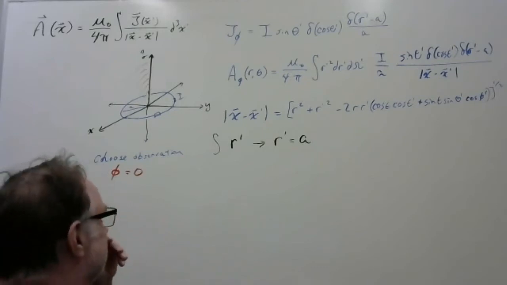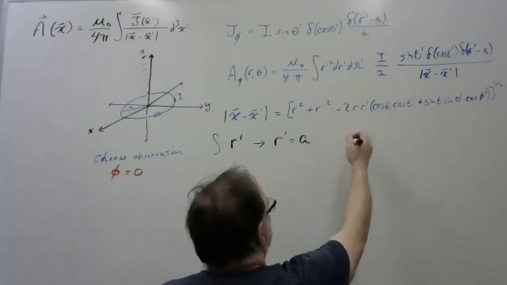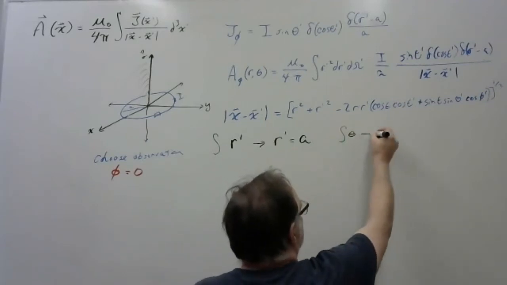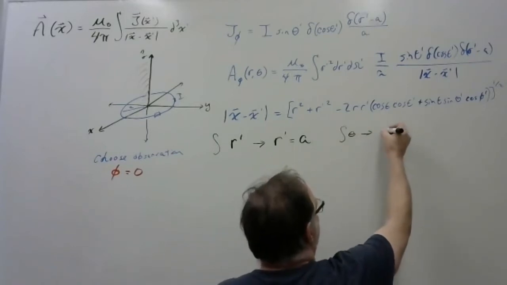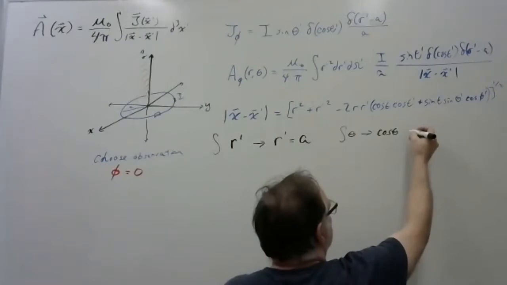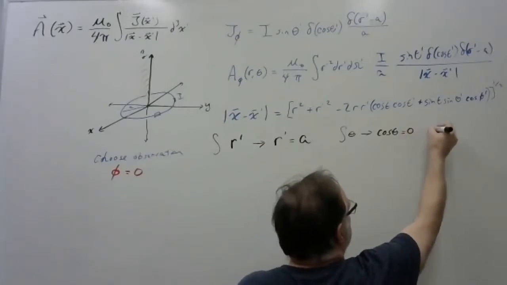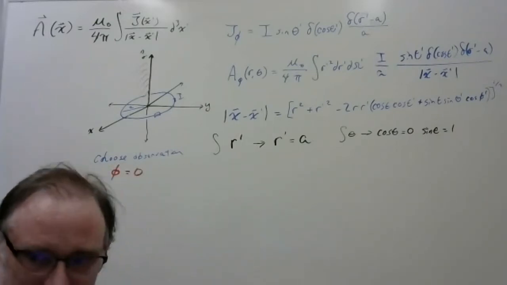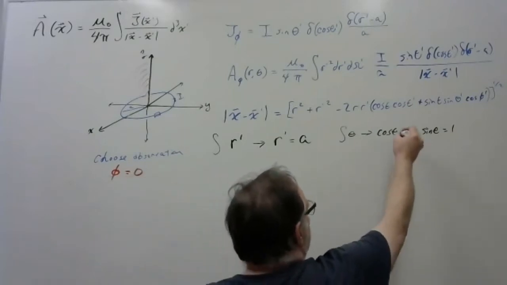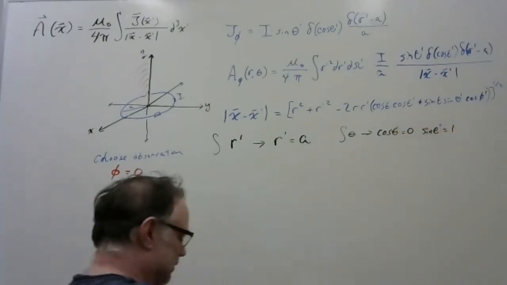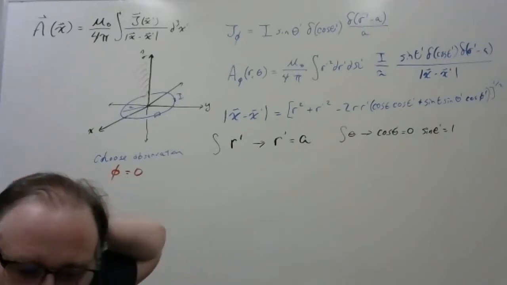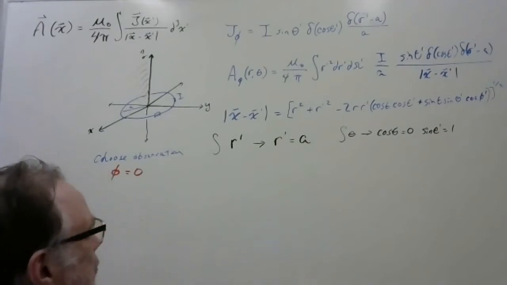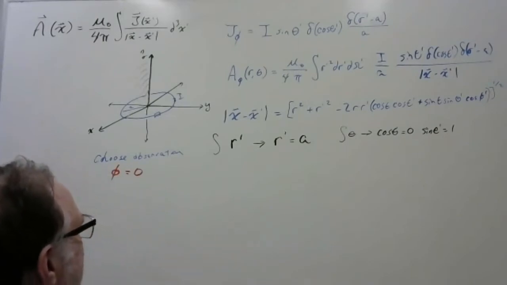Not the r's, but the r primes. The other thing is the integral over theta prime. The same thing happens, except we replace cosine theta prime with 0 and sine theta prime with 1. When you do all of that, then we get the numbers that he shows.